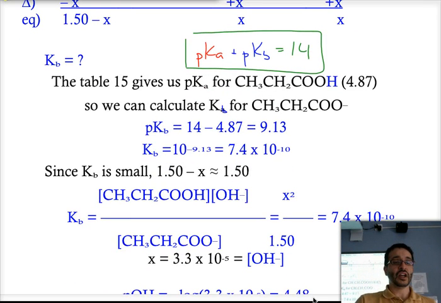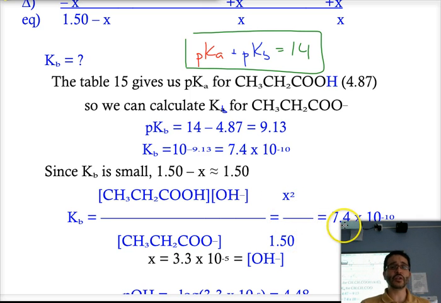We write the equilibrium expression for Kb. It's the concentration of the propanoic acid times the concentration of the hydroxide ion divided by the concentration of the propanoate ion: X squared over 1.5.